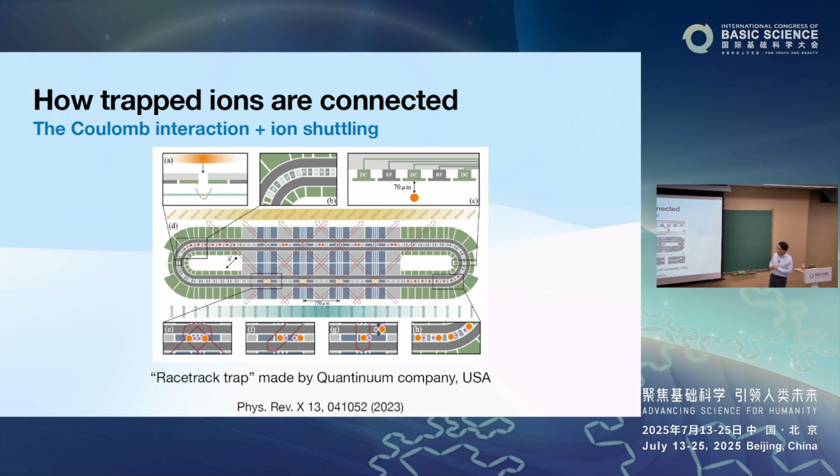Now, in atomic qubits, in trapped ions, how are they connected? Because these are charged atoms, they have Coulomb interactions, which are naturally long range. But the problem is that much like when I'm talking with the microphone in this room, all of you can hear me, but it becomes much harder to isolate two and only two people for the information to propagate. So essentially, the ions have to be shuttled.